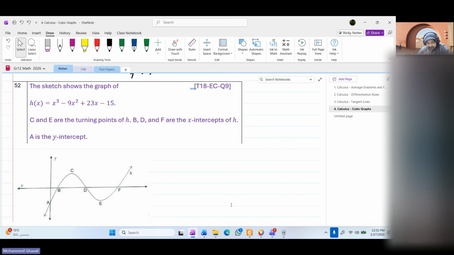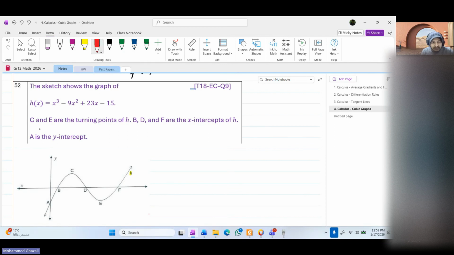C and E are the turning points of h. Just 1 second. Right, so what we have here is that we know that C and E are the turning points of h. The function is h, right?